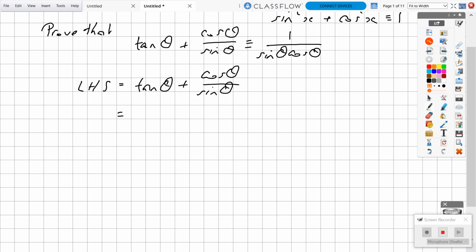The second term is a fraction, and I know that tan of theta is sine theta over cos theta. And I'm starting to think in terms of adding fractions to produce a single term, and then I'm starting to think in terms of common denominators. So something plus something.